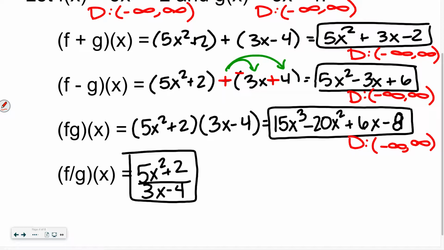So remember, what's our issue with division with functions? When we see division, we're troubled by... tell your group, what's your issue with division? What can you not do? Okay, work with your group to determine the domain.